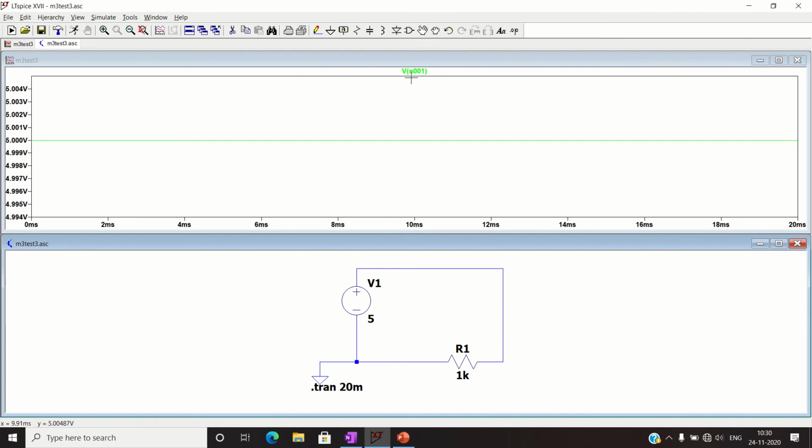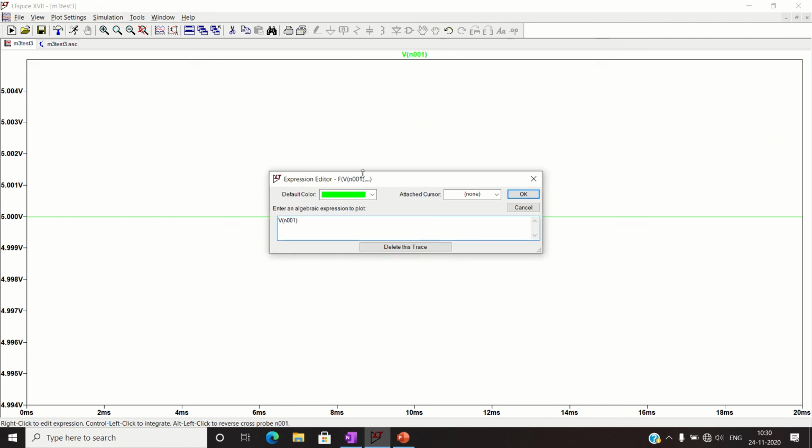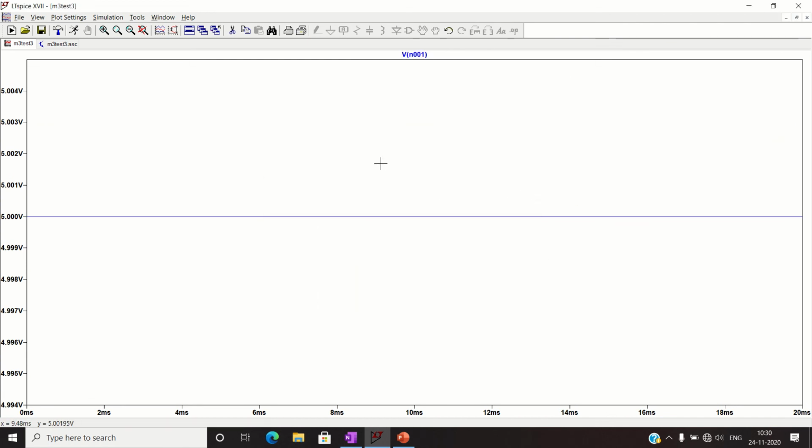Here it shows the voltage. I will change the color, I suppose. What it shows is there is a node called N001 and the voltage across it is 5 volts.